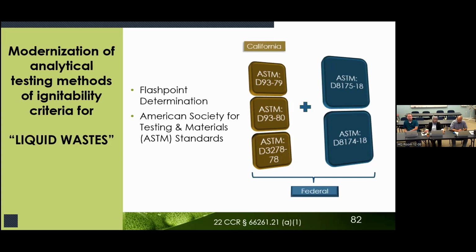So now the US EPA has all these 5 test methods, including 3 old and 2 new test methods for liquid waste determination in the ignitability criteria, while California is still having 3 old test methods. DTSC recommends California adopt these modifications to stay consistent and up to date with current science.